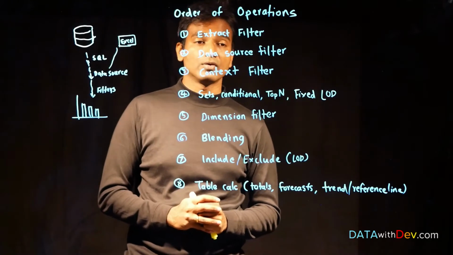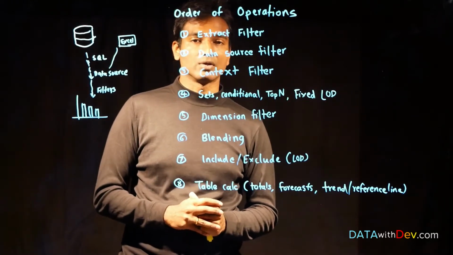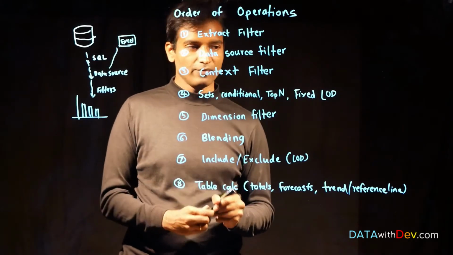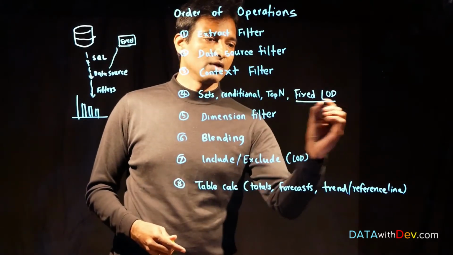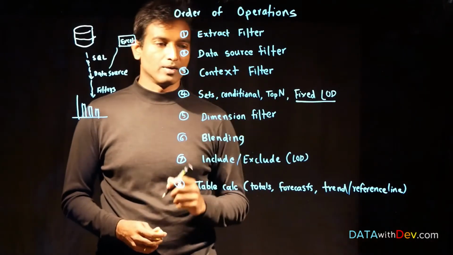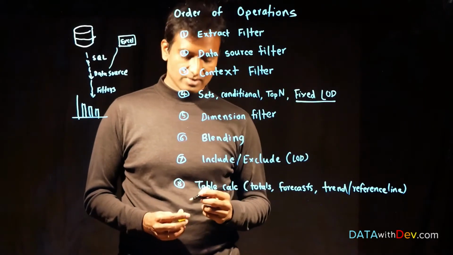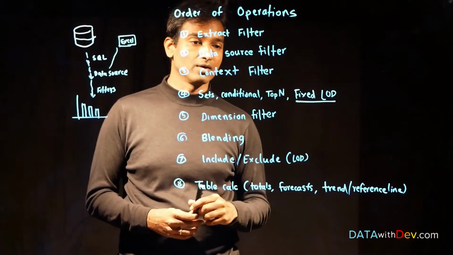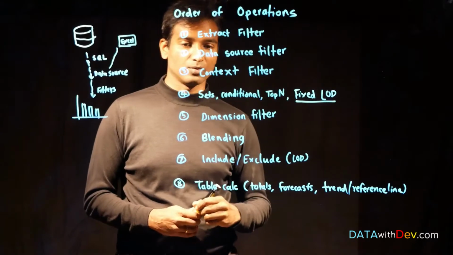And this can be very useful, especially when using level of detail expressions, and particularly fixed level of detail. And we're going to have a quick lab on this in a bit. The next kinds of filters are sets, conditionals, top N, and fixed LOD.